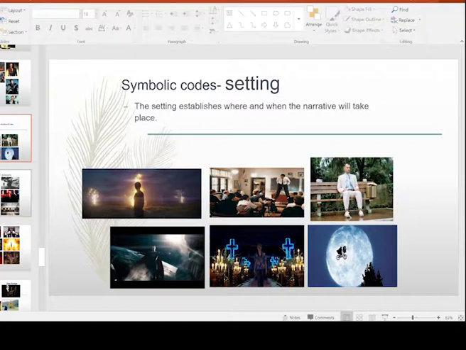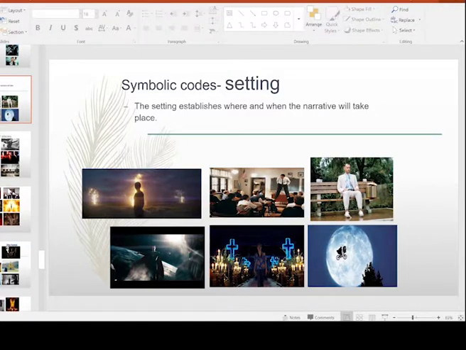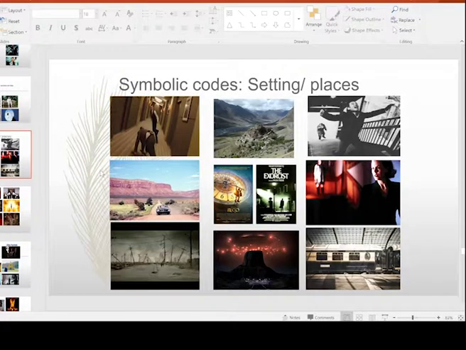And then you have symbolic objects in films as well. Settings can be symbolic, like bus stops, symbolic of journeys. The earth often features throughout films to give us a sense of our own mortality. The moon is a sign of change, and there's a lot of biblical symbols throughout films.